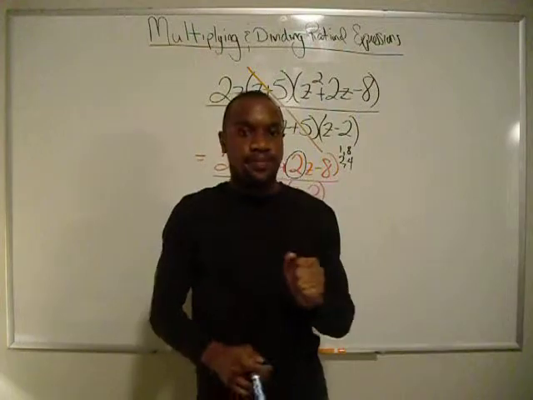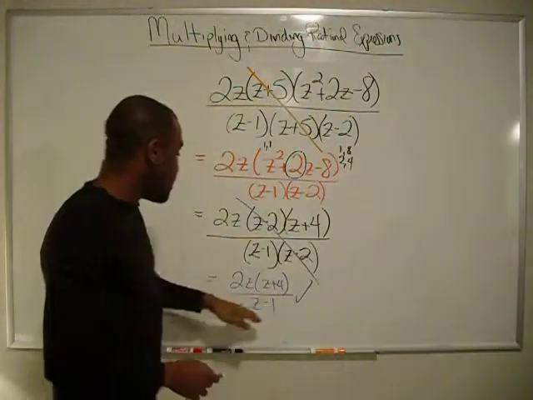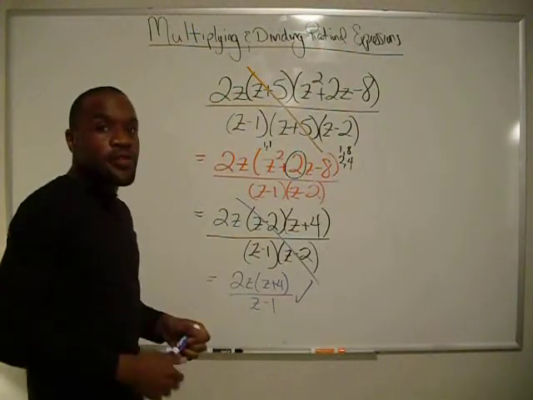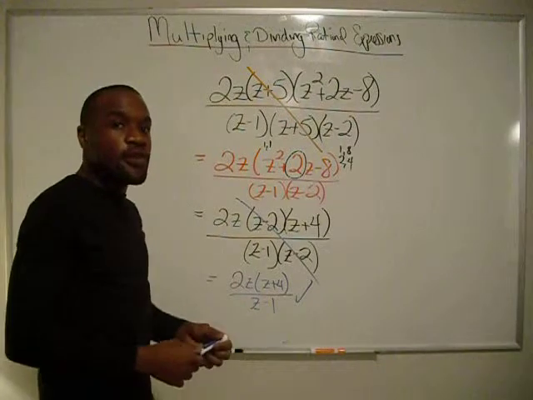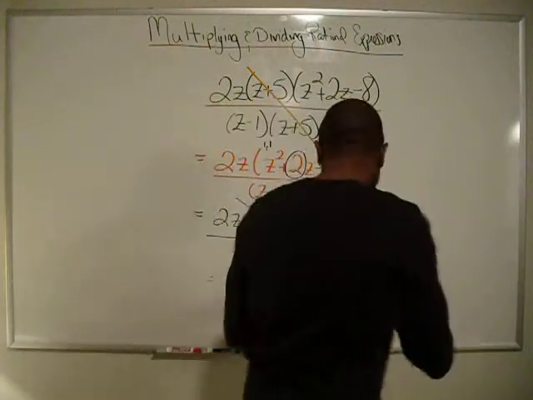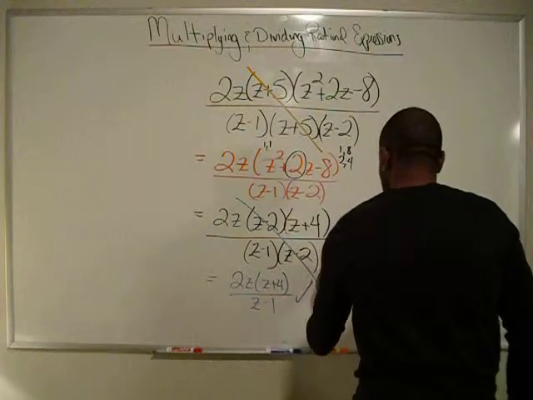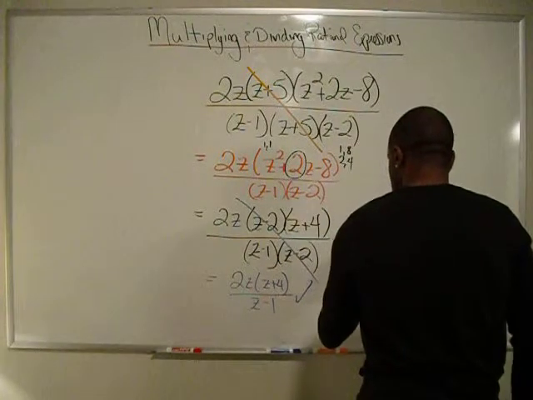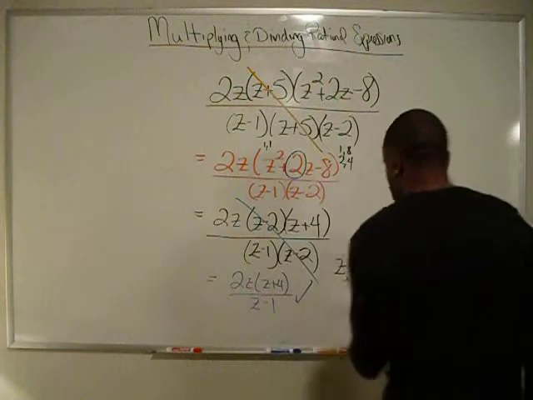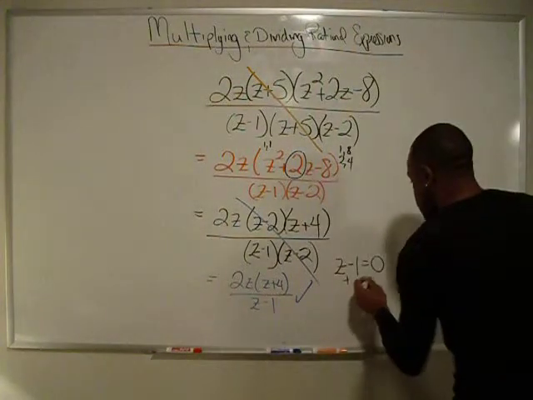Finally, what value makes the rational expression undefined? Zero in the denominator. Well, you got z minus 1 here. You got to make it an equation and solve for it. So I'm going to take it to the side. Put z minus 1 equals 0. We're going to add 1 on both sides.